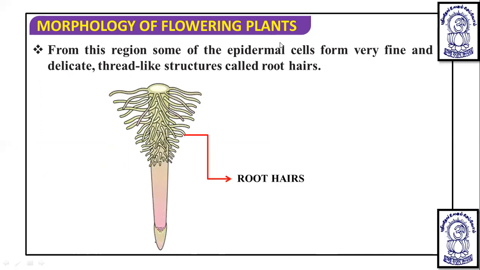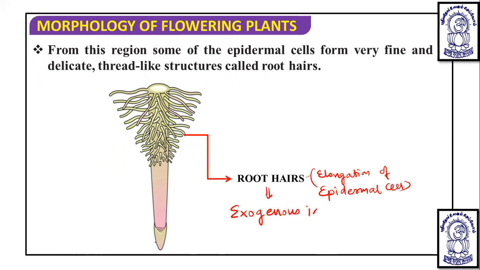So root hairs are nothing but elongations of epidermal cells. These root hairs are known as exogenous in origin.